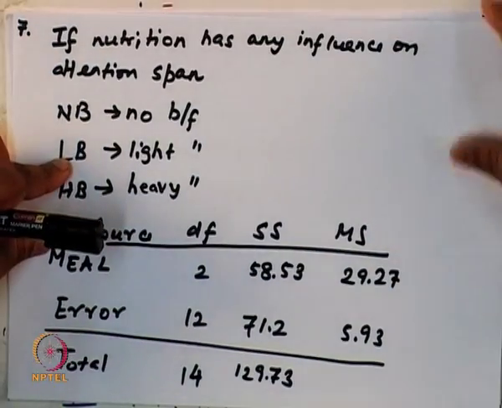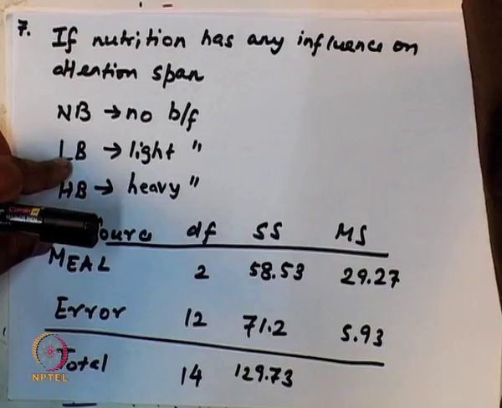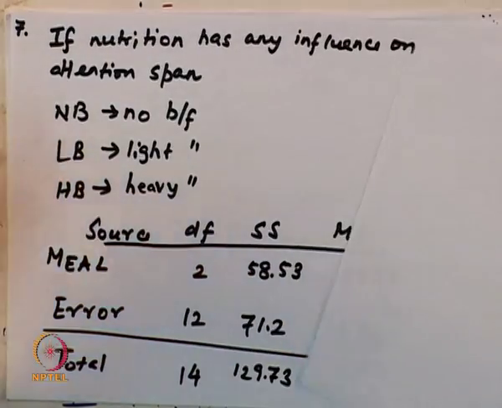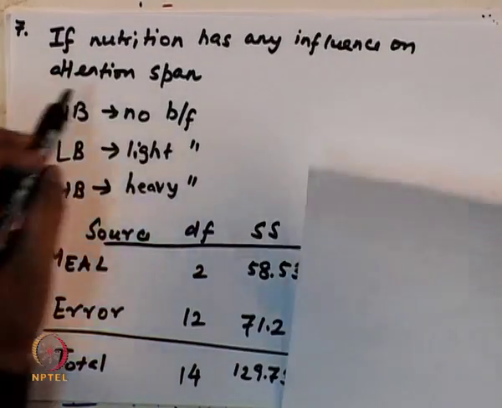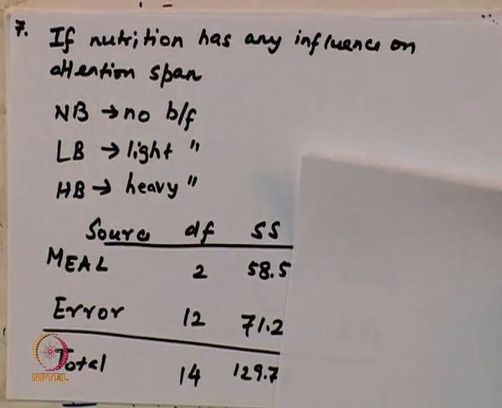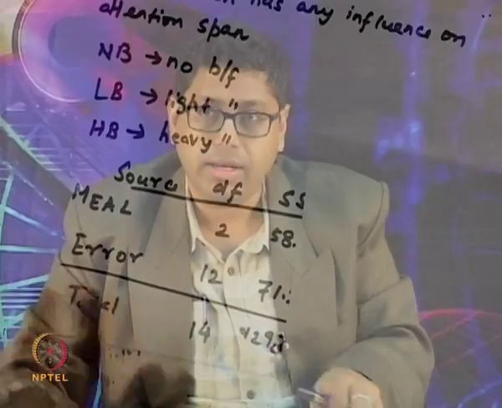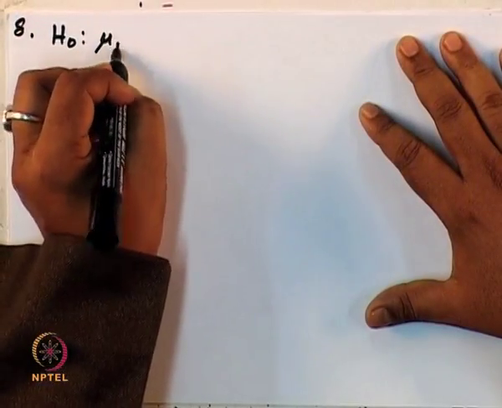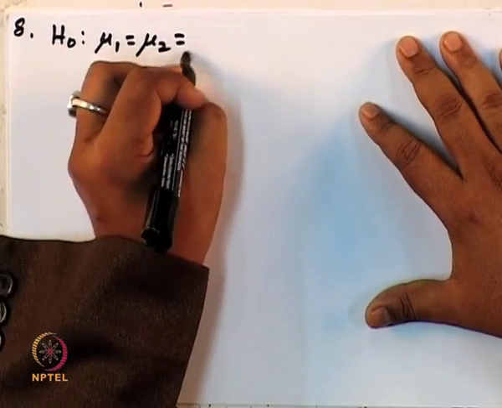So, for this case, if you wanted to test the hypothesis whether nutrition has any influence on attention span, how will we find that out? We will test the hypothesis mu 1 equal to mu 2 equal to mu 3.